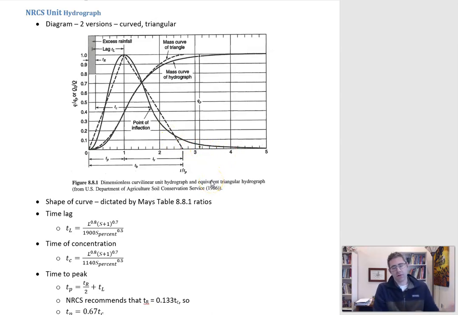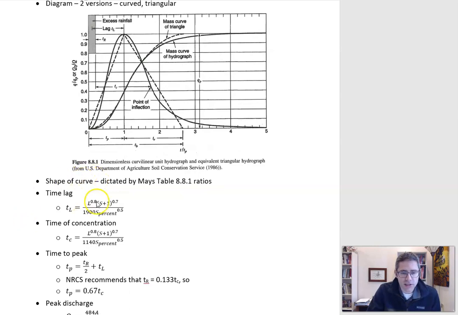But we're not going to focus too much on the curvilinear version. We're just going to focus on the triangular version, because you have to basically develop the triangular one first, and then if you want curvilinear, you can apply these different fractions at these different time periods to curve it out. But let's just focus on the triangular for now.